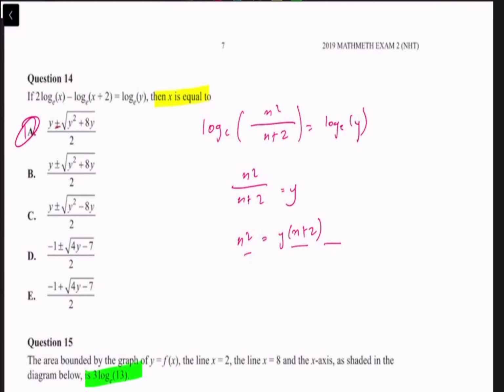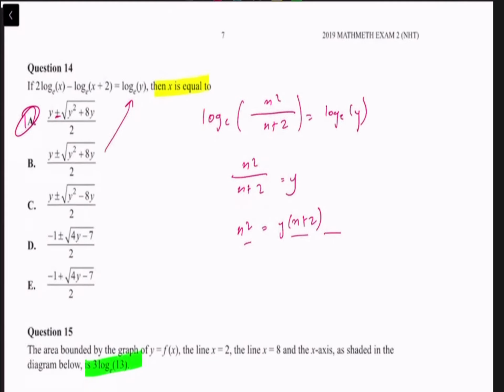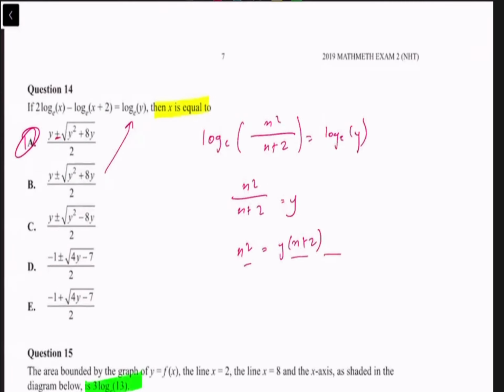But it can't take the minus option because if you look here, log y, that means that y has to be greater than 0. But if you do y minus the square root of y squared plus 8y, this will be less than 0, so you can't accept this answer. I mean the negative part, so that's why you only take the positive part.